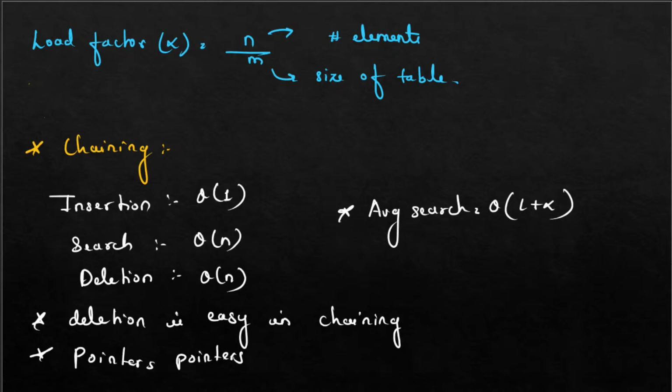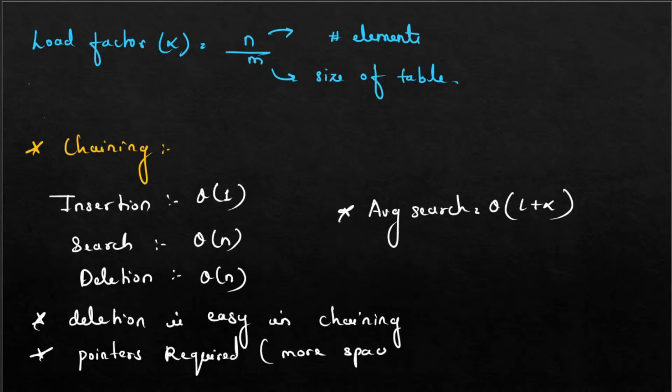In chaining, pointers required, which means we want more space. Now let's discuss linear probing.